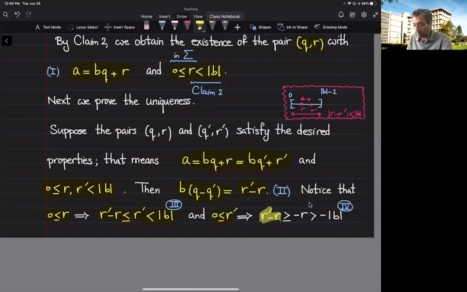Therefore, R prime minus R, we are shifting minus R by something non-negative, should get something larger than negative R, and that negative R is strictly more than negative absolute value of B. So this difference, R prime minus R, is strictly less than absolute value of B, and is strictly larger than negative absolute value of B. Therefore, the absolute value of this quantity is strictly less than absolute value of B.